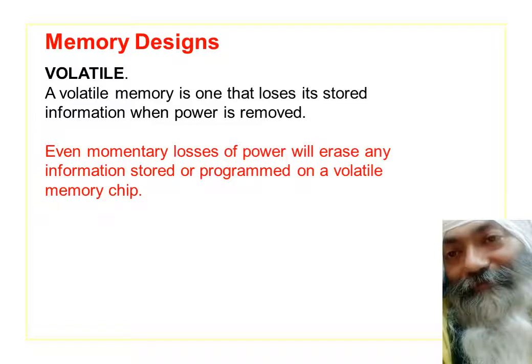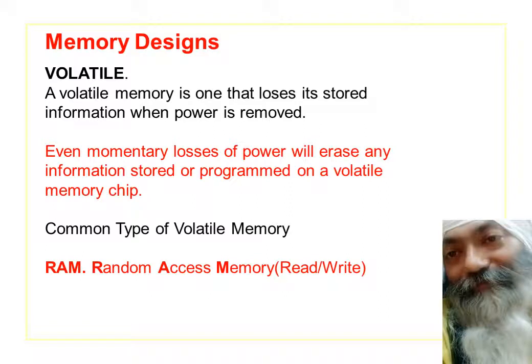So it is very important that the memory should not lose power even for a single moment. Otherwise, the whole data will get erased, and that is the major limitation. But of course, volatile memories have advantages of speed and low cost. That's why they are commonly used in most of the designs where temporary storage of data is required.